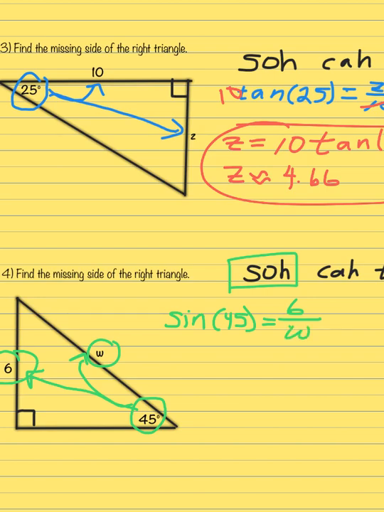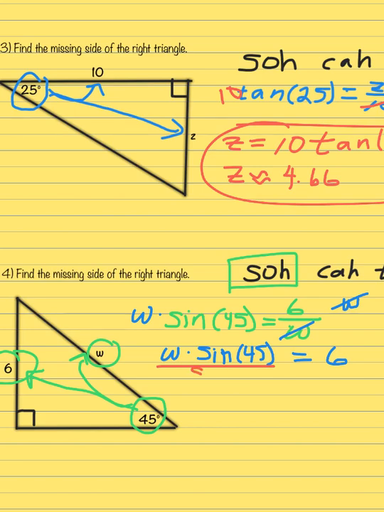This one is a little different, but we still really do the same thing. We're going to multiply by our denominator, which is the w this time. And we have w times the sine of 45. Remember, sine of 45 is a number that you type into your calculator, equals 6. So what we're going to do at this next step is divide by the number, just like we would if the number was 2 or 12 or anything.